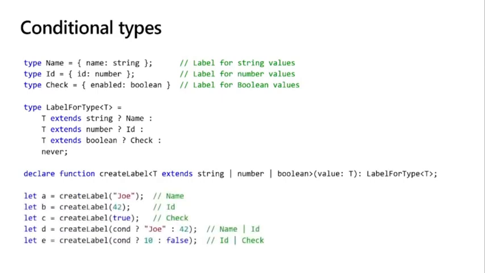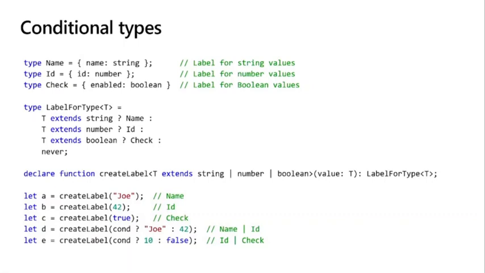And now I don't have to write overloads, it just comes out of the types, if you will, right? That if I give you Joe, you get a Name. But if I give you, say, Joe or 42, well, then that's a string or number, so you're going to get a Name or ID back, right? Because we understand how the types flow. And in fact, we will distribute union types over these conditional types.